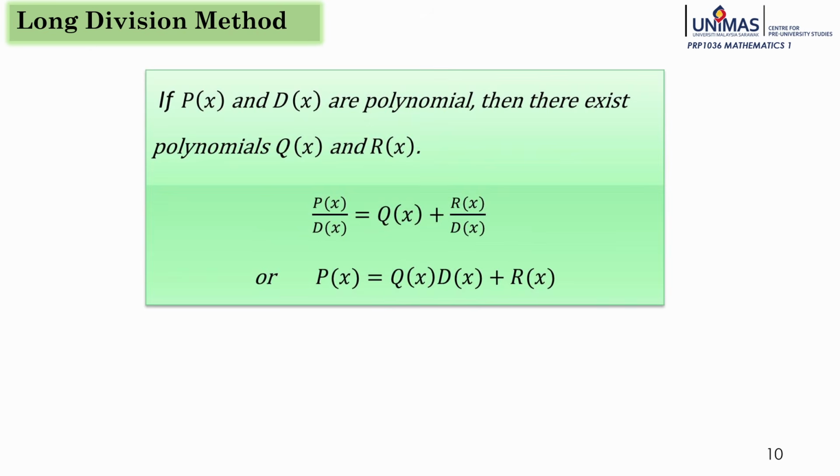See the long division method. If p(x) and d(x) are polynomials, then there exist polynomials q(x) and r(x). So when p(x) is divided by d(x), we get q(x) plus r(x) divided by d(x), or we can rewrite it as p(x) equals q(x) times d(x) plus r(x).